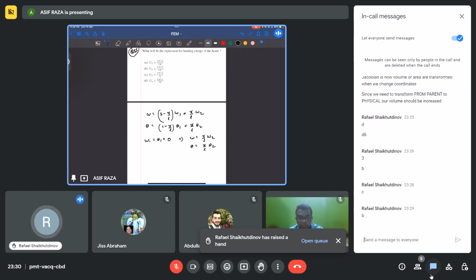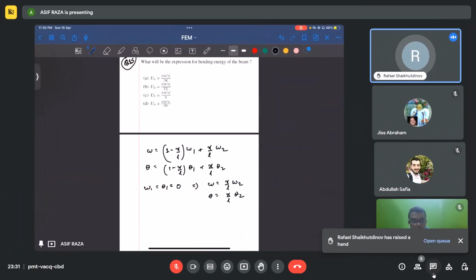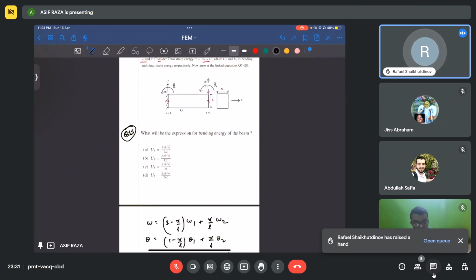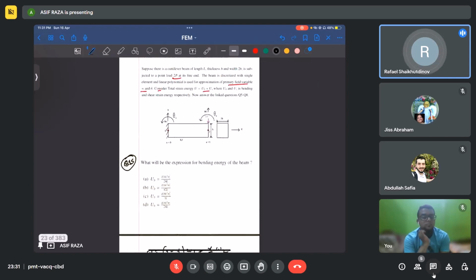Yeah, Rafal, you have raised a question. You want to add something? I want to add to this. Over the week, I looked through the Timoshenko book on the theory of elasticity, and there, for a cantilever beam, it was said that there is no condition that theta is equal to 0 along the x equal to 0 line.